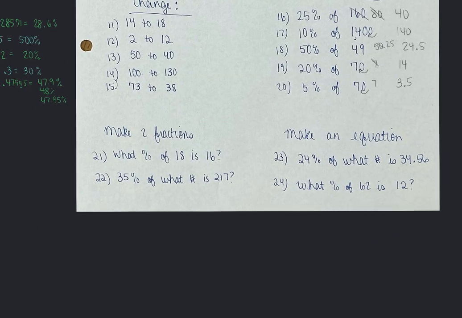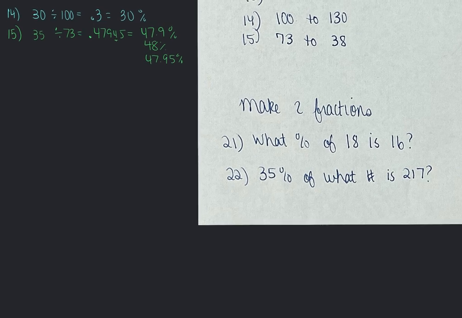All right, now let's go down here. Make two fractions. What percent, x over 100, of 18, 18 goes on the bottom, is 16. Cross multiply, 18x equals 1,600. Divide by 18, divide by 18, cross out, what's my answer?